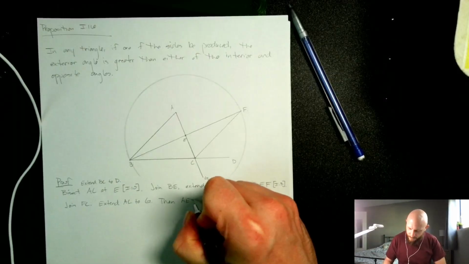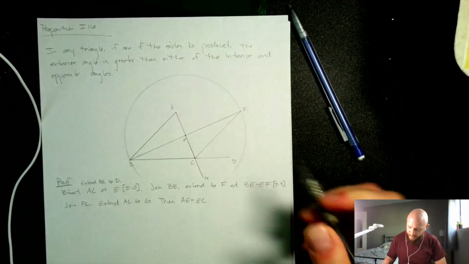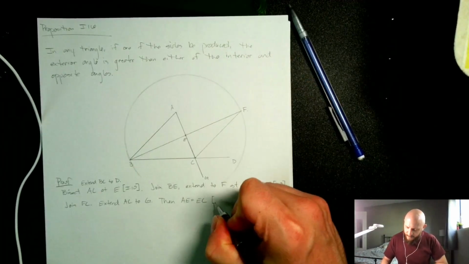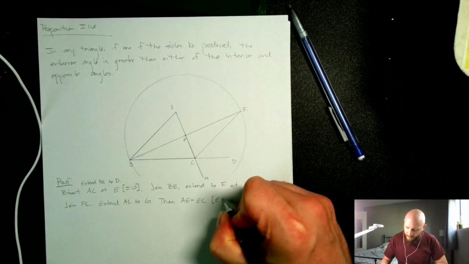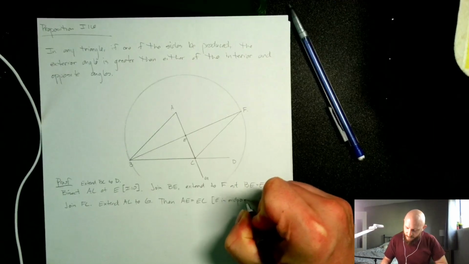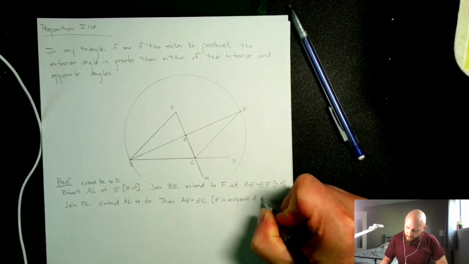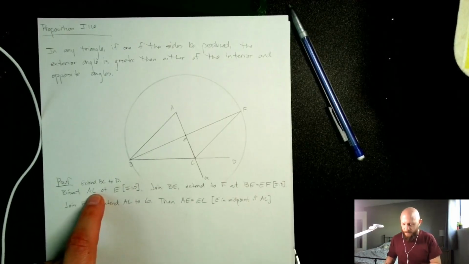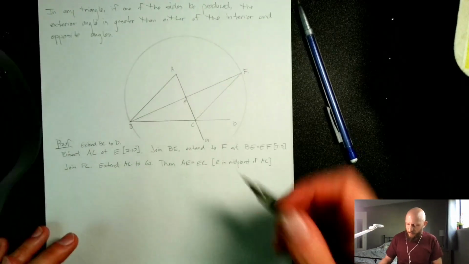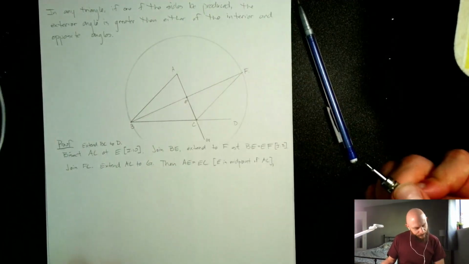So AE equals EC. This is because E is the midpoint. This was by construction, right there on the very first step: E is the midpoint. So AE is equal to EC.